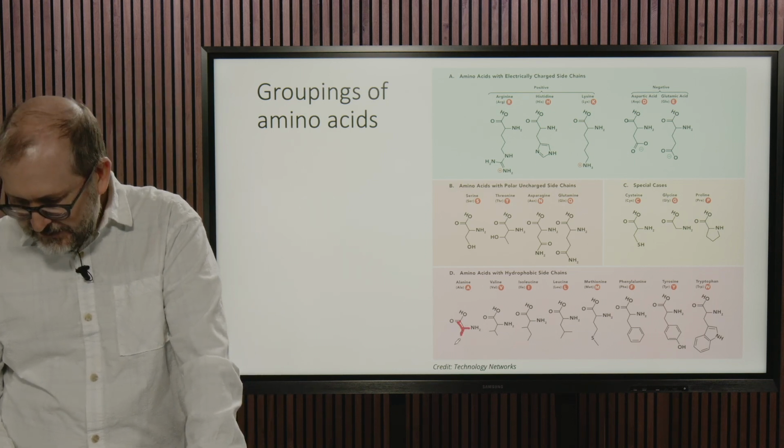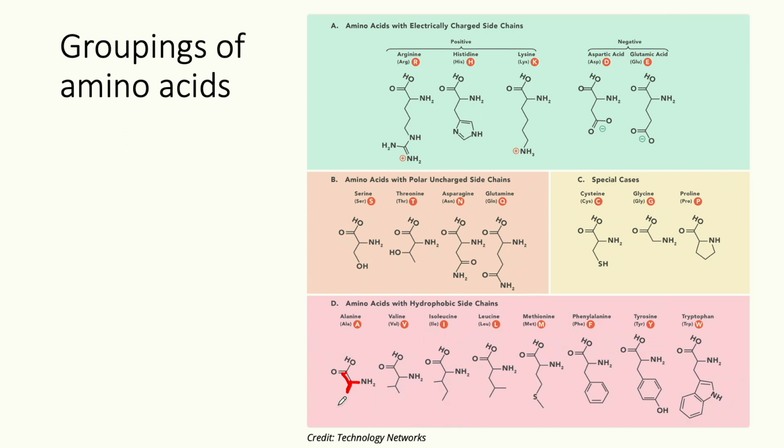So here you have alanine. That's the smallest of these hydrophobic amino acids. It only has 1 carbon in the side chain, right? And of course the 3 hydrogens. By convention, they don't draw the hydrogens. In fact, in this case, they're not even explicitly writing out the carbons. And then you have others, valine, isoleucine, and so on.